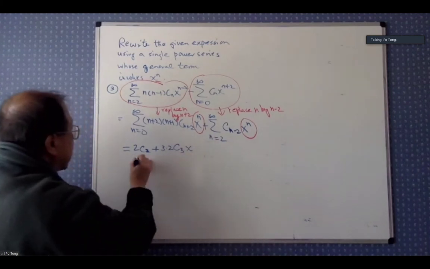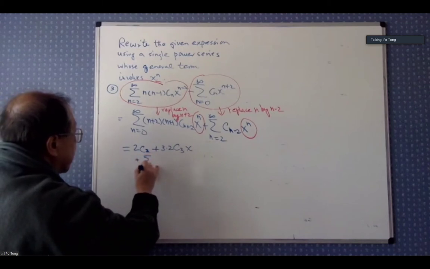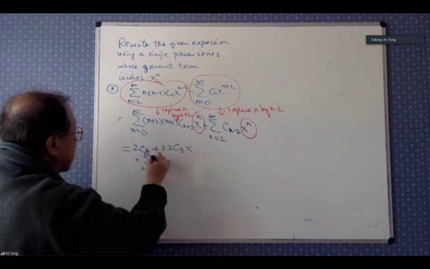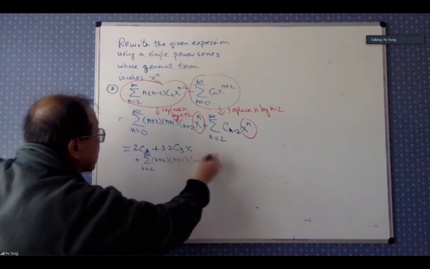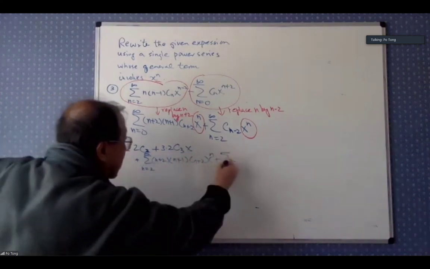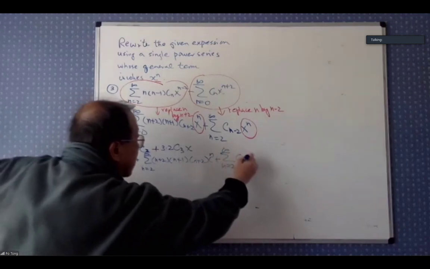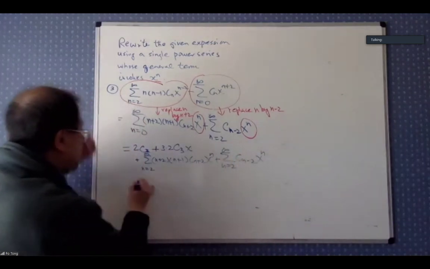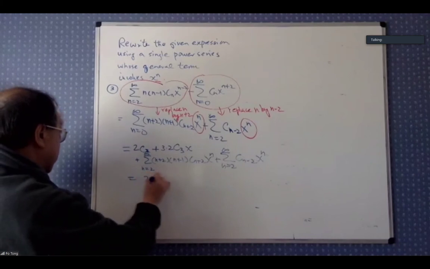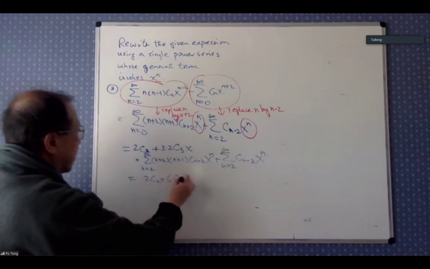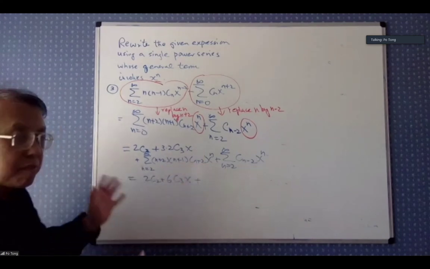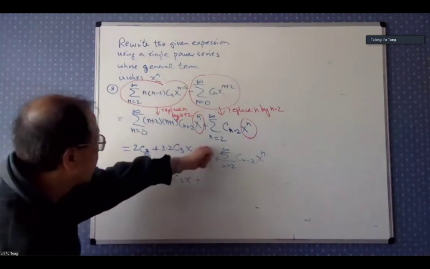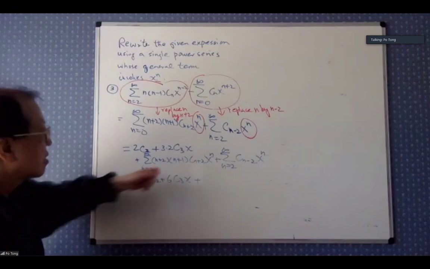Right here, summation, n equal to 2 to infinity, it's 1 Cn plus 2 xn plus this guy. Now these last two terms can be combined because both of them are x to the power n, and both of them start at the same place.